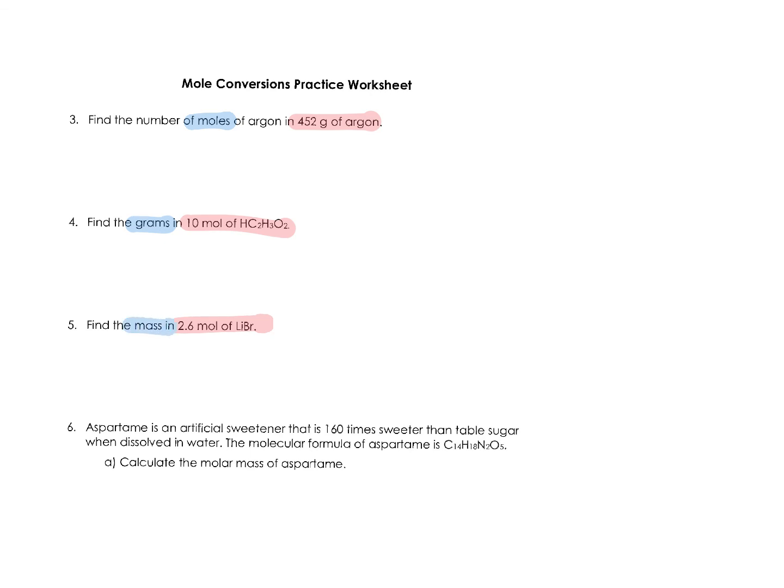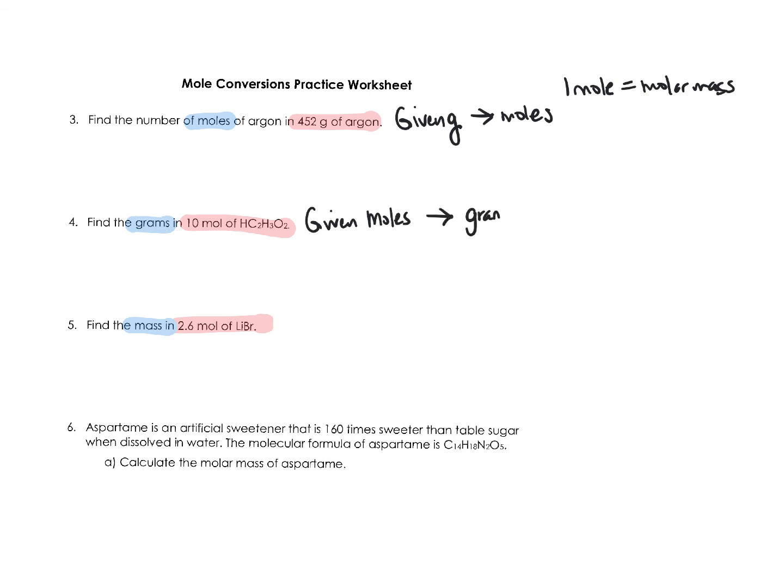So with all of these, you can actually kind of lay out for yourself, okay, you are given grams, and you need to get to moles. So you're going to use the relationship that 1 mole is equal to the molar mass of a material. On the next one, you are given moles, and it wants you to find out how many grams that is.